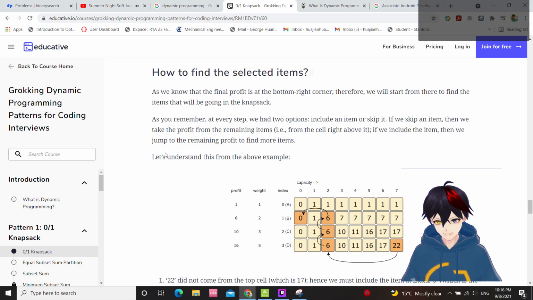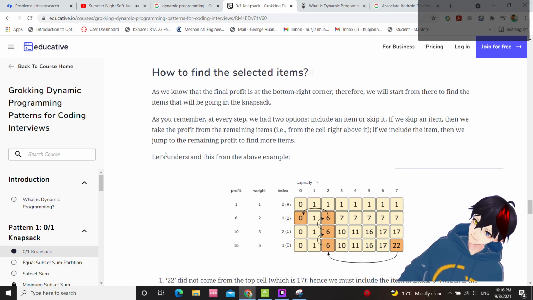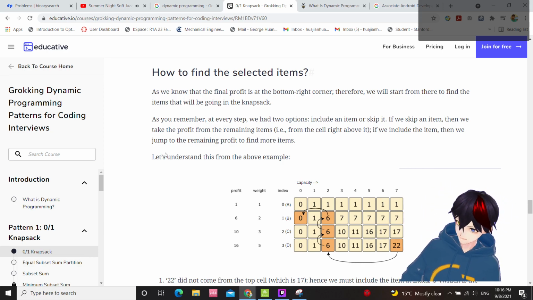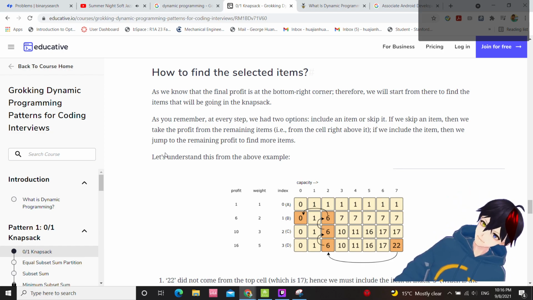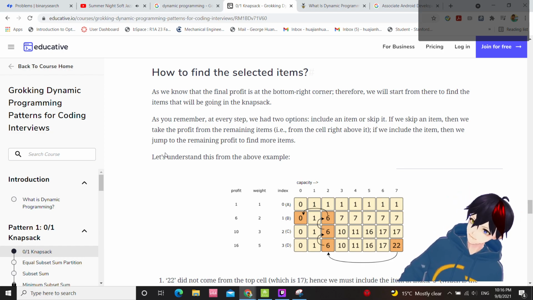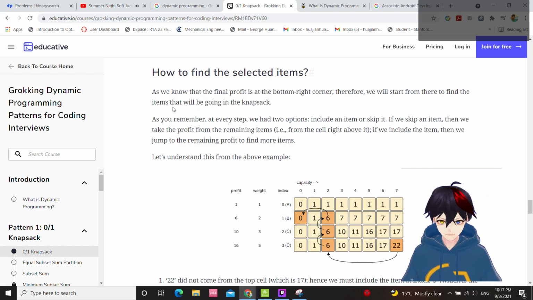How to find the selected items. Find the profit is bottom right corner. Let me think why. Because you used up all capacity and then you go through all items. Okay, now we have to find the items.